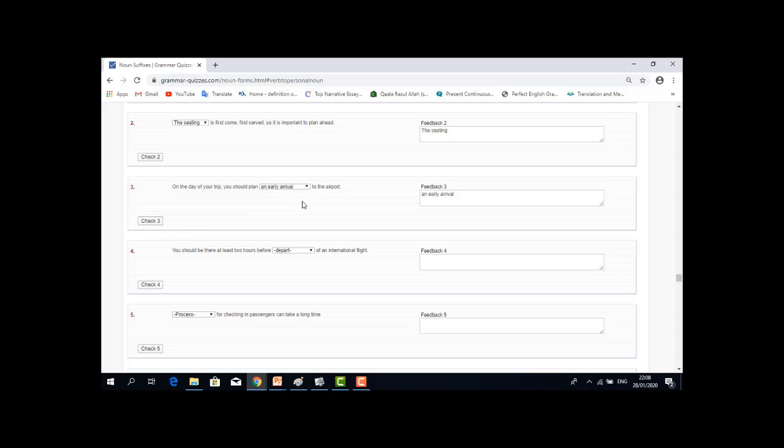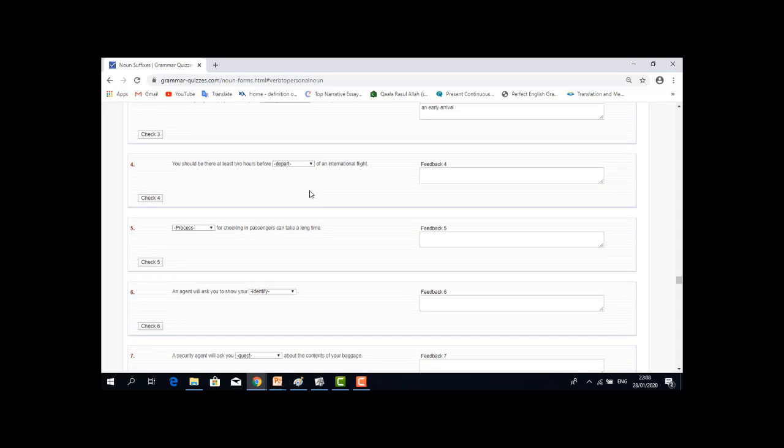And a true answer. The noun from depart, and you want to read the sentence: you should be there at least 2 hours before the departure of an international flight.